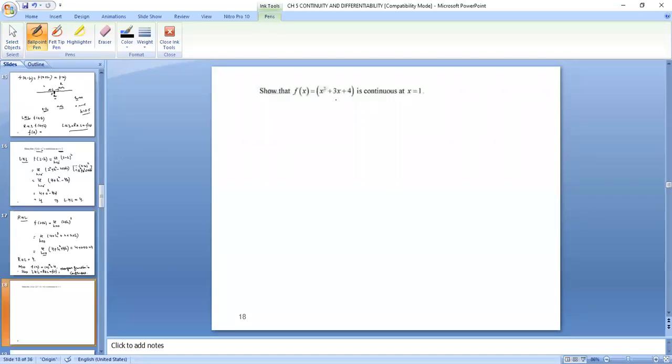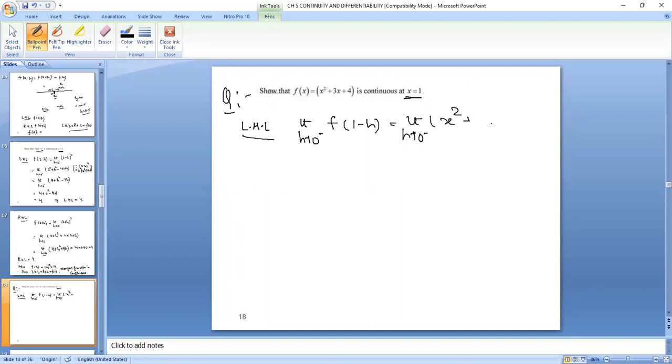Show that f of x is equal to x square plus 3x plus 4 is continuous at x equal to 1. Now, the same way we will be proving this question. The very first, we will be taking the left hand limit. Left hand limit will be limit h tending to 0 negative f of 1 minus h, which is equal to limit h tending to 0 negative x square plus 3x plus 4, sorry, this is wrong.